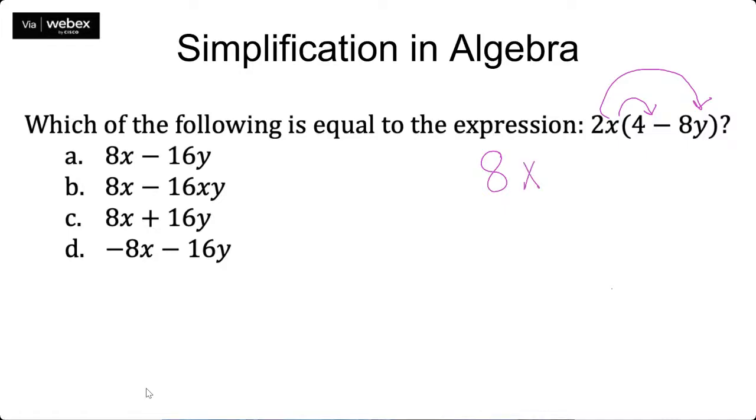So far, does that make sense how I got 8x for 2x times 4? You can't add and subtract things without other variables, but you can multiply them, okay? Now we're going to multiply 2x times negative 8y. What is positive 2 times negative 8?